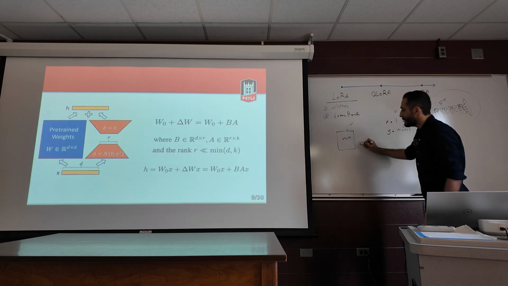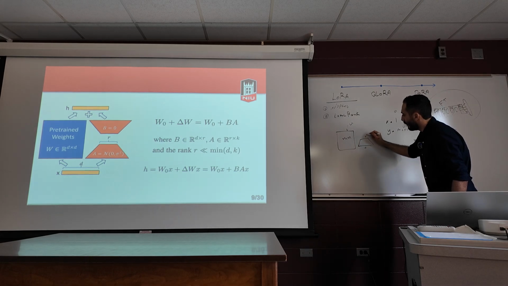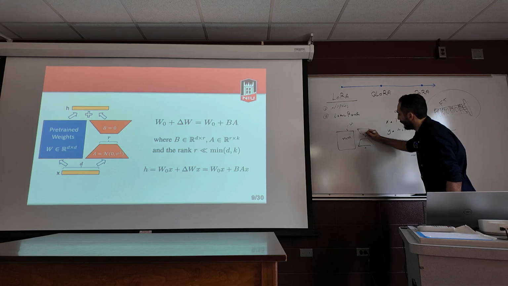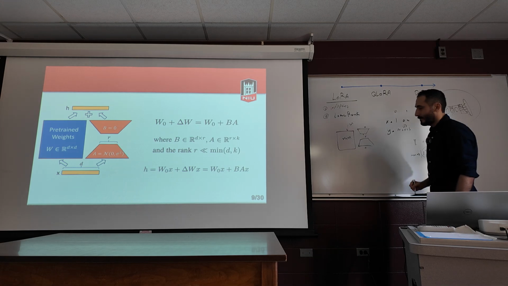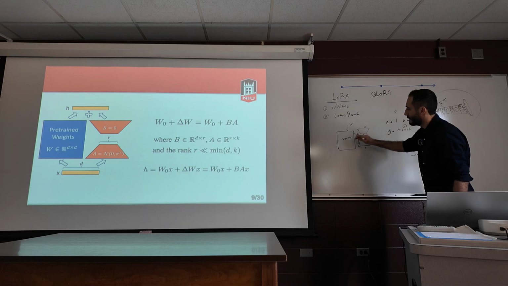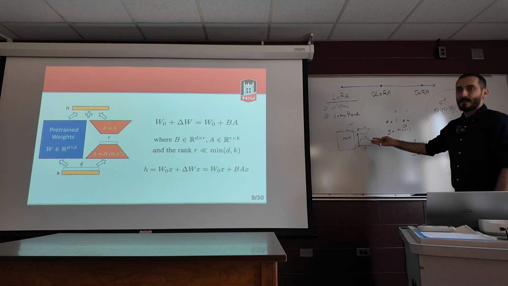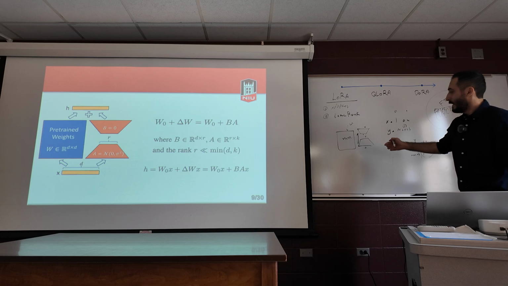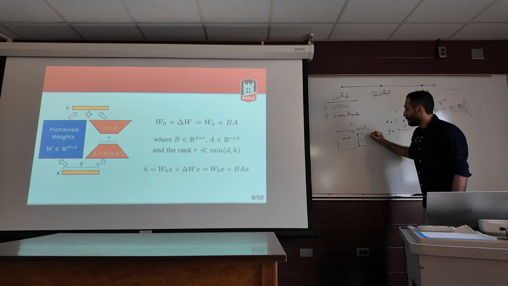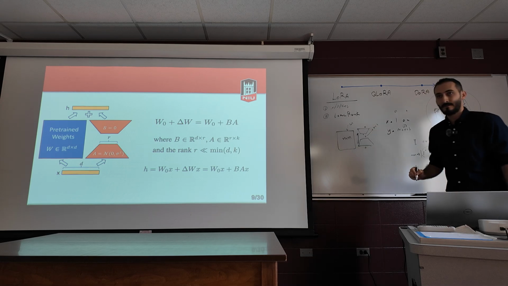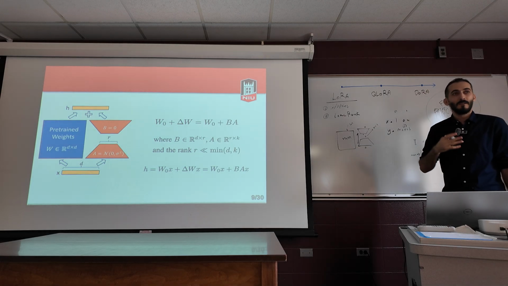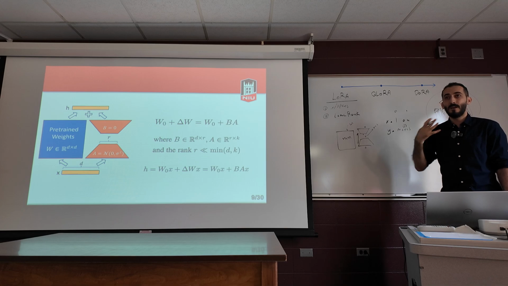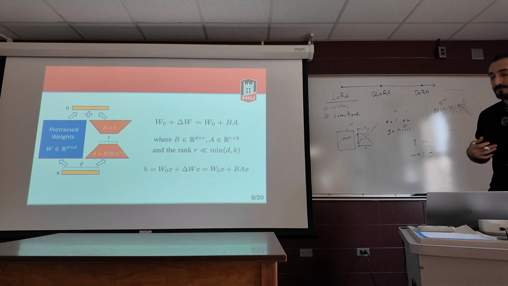Is it possible to regenerate this matrix from an n by r and an r by n matrix? That's their assumption, and they show it's possible. An interesting part is that sometimes they show it's possible to use r equal to 1, which helps you save a lot of resources, a lot of weights.